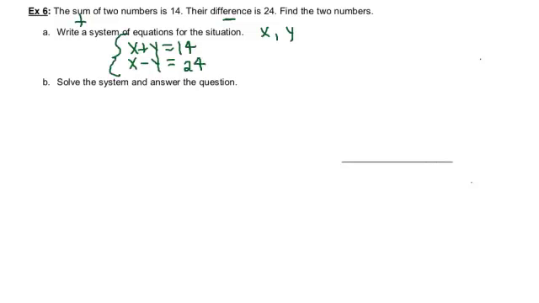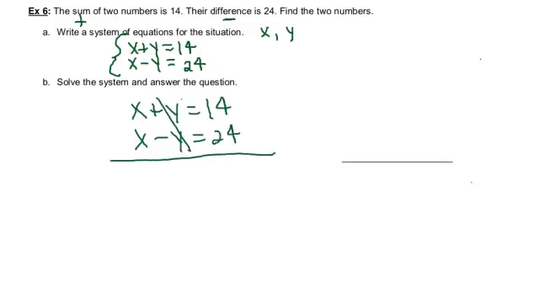So this is our system of equations. So now we're going to solve the system and answer the question. Notice that we have a positive y and a negative y. So the easiest, fastest way is going to be using elimination. So we have x plus y equals 14. X minus y equals 24. Our y's cancel out. So we have 2x equals 38. Divide by 2. And x equals 19.